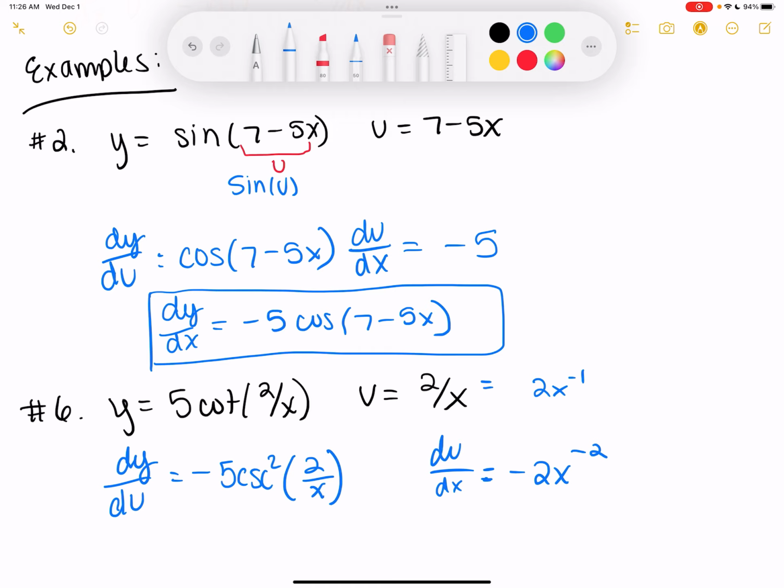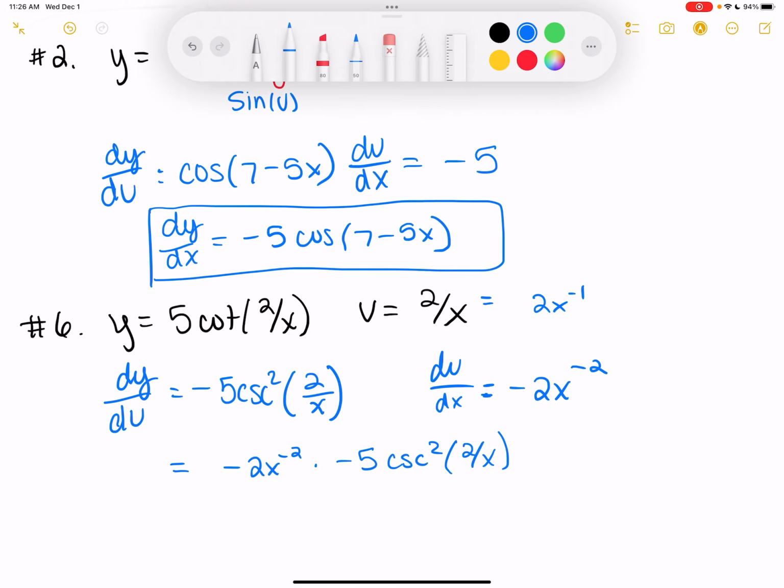So that's going to be negative 2x to the negative 2 times negative 5 cosecant squared of 2 over x. And then we can simplify this to be 10 over x squared times the cosecant squared of 2 over x, which is our dy dx.